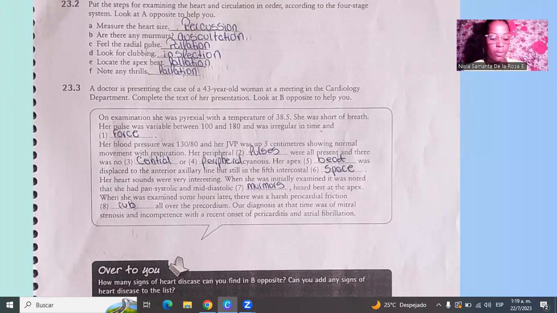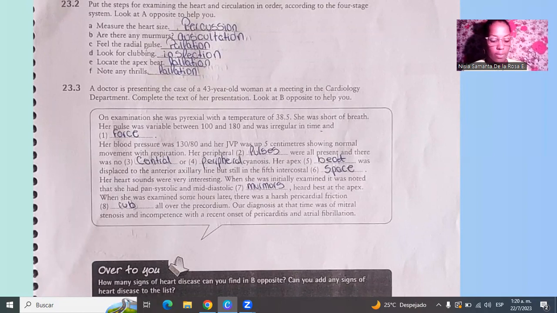On examination, she was febrile with a temperature of 38.5. She was short of breath. Her pulse was variable and was irregular in time and force.